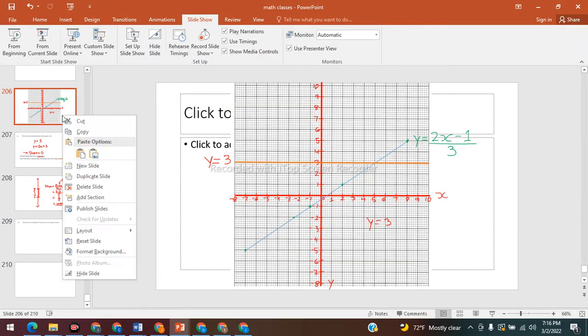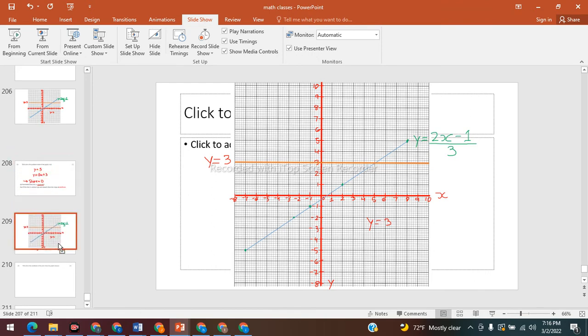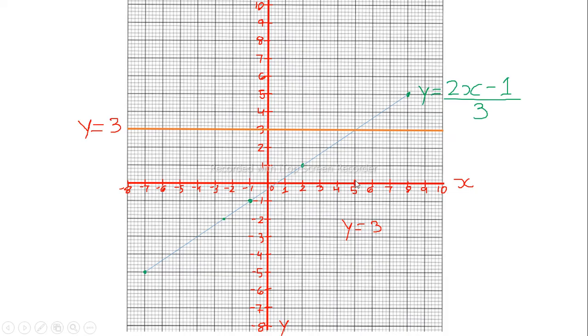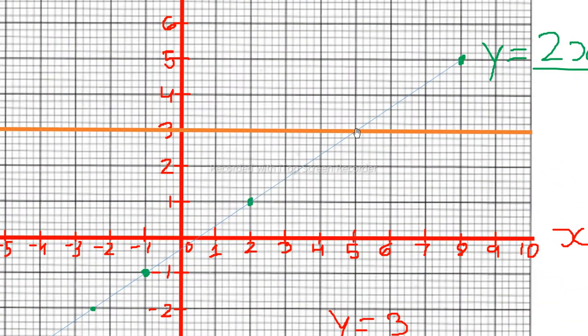Let's see. They meet here, so this is the point where they meet. If we zoom in, the point where they meet is 5 on the x and 3 on the y. So 5, 3. Is that clear?